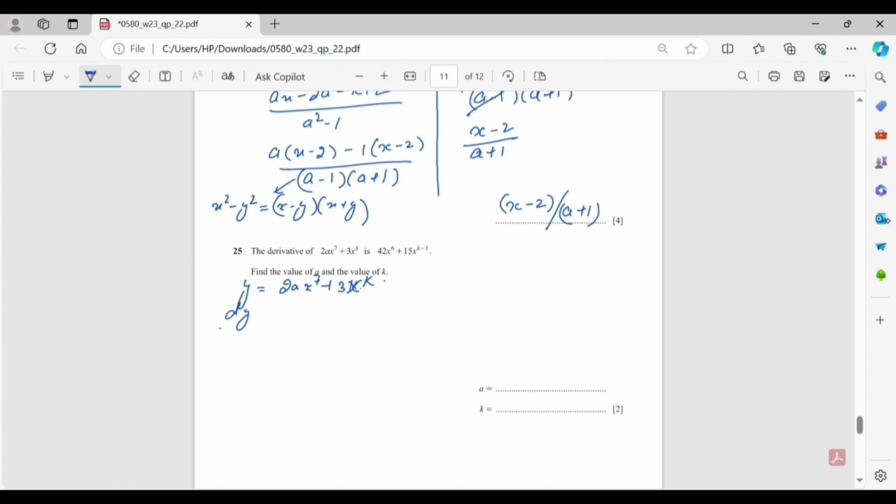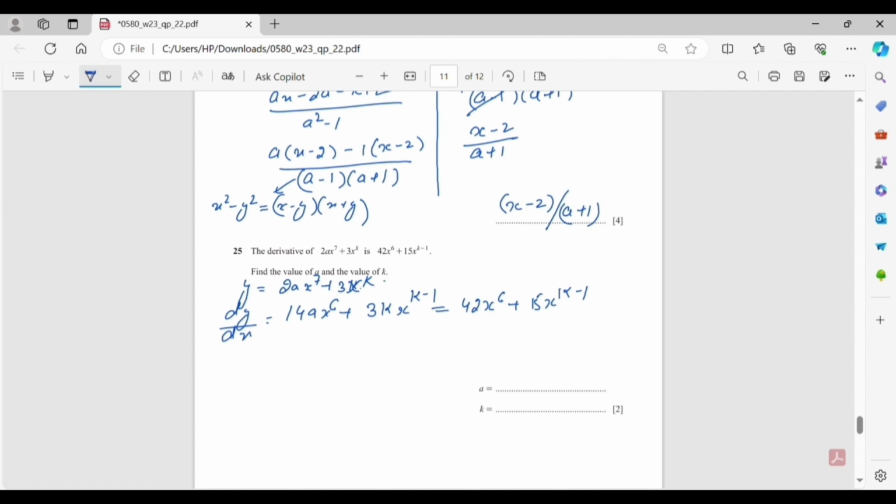Now dy by dx is equal to 14a x raised to the power 6 plus 3k x raised to the power k minus 1, and this is equal to 42x raised to the power 6 plus 15x raised to the power k minus 1.